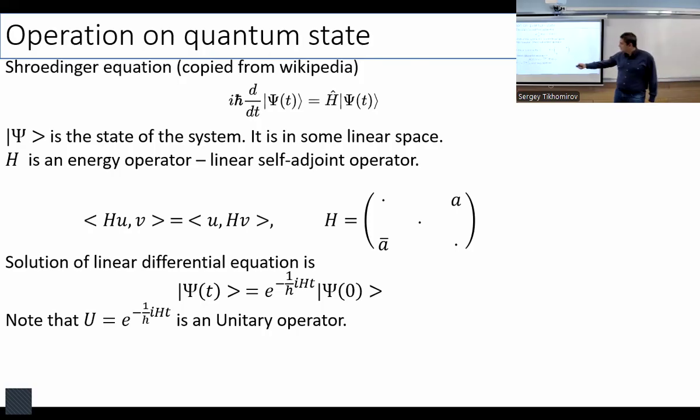Minus and time are real, so we have something purely imaginary multiplied by a self-adjoint operator. It might not be obvious, but it is a mathematical statement that the exponent of i times a self-adjoint operator is a unitary operator. Next slide, I will give a lot of properties of unitary operators.